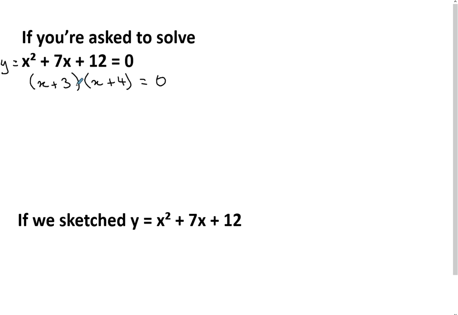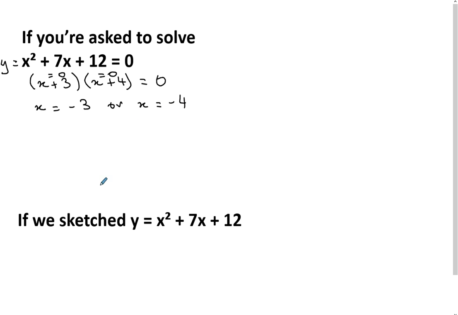As long as one of these expressions is 0, then 0 times whatever the other number is would be 0. So we either make the first expression 0 or x plus 4 equals 0. And if it's just an x, then all you're doing is really changing the sign. So you've got x equals minus 3 or x equals minus 4.